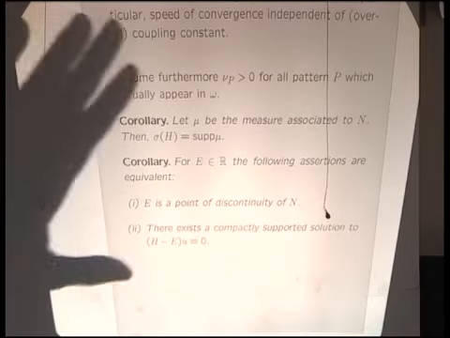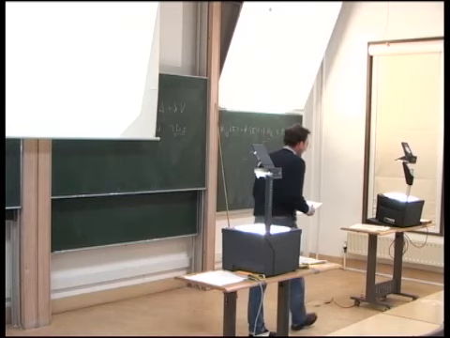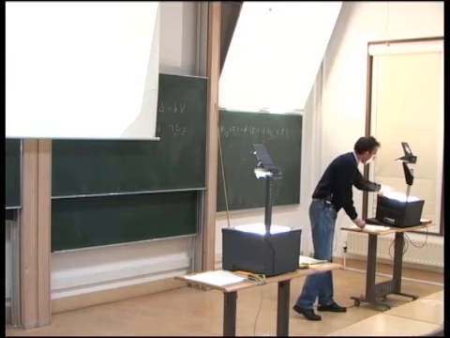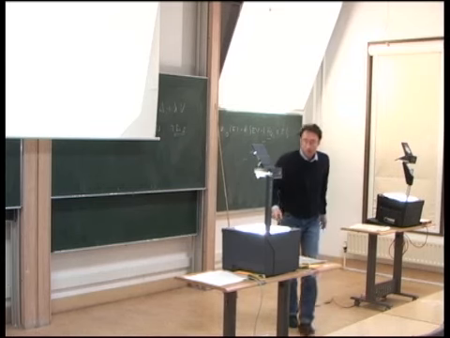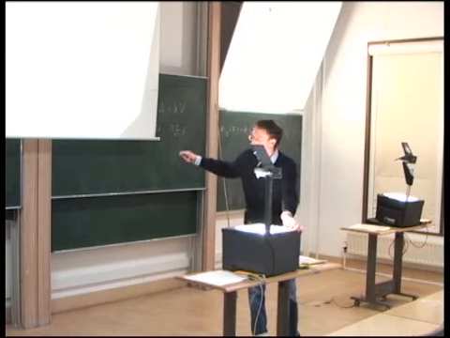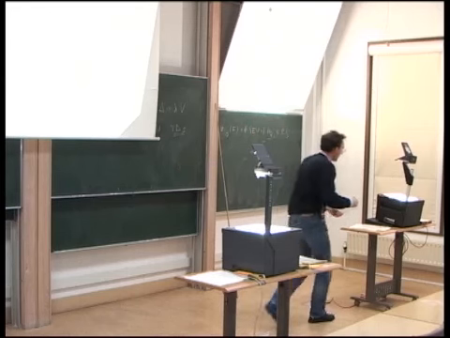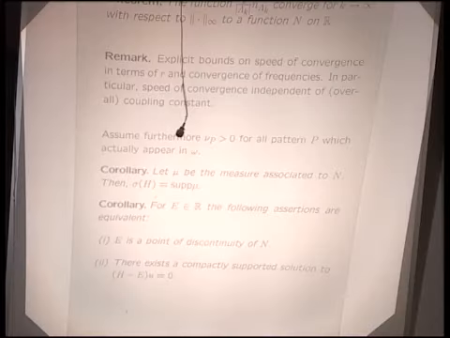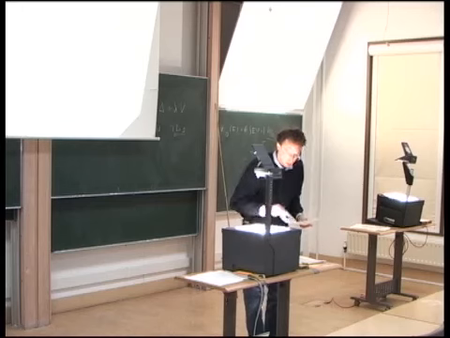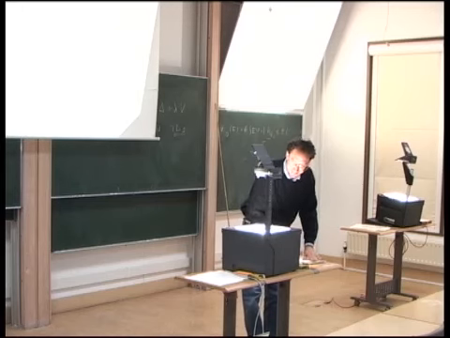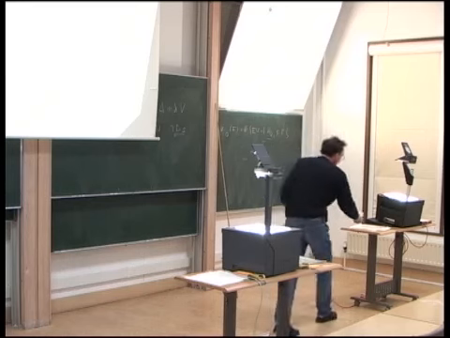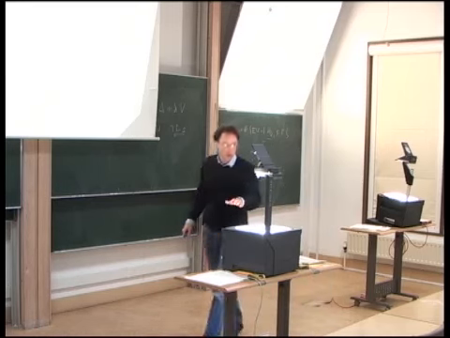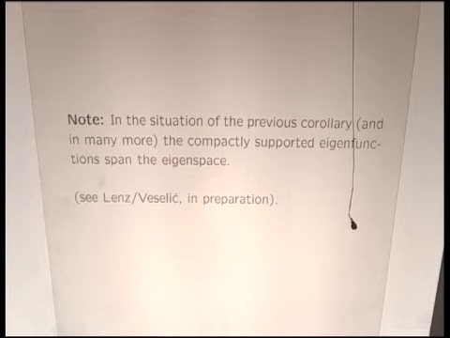Good. Well, given that you have this thing about the jumps here, you may ask how many locally supported eigenfunctions are there? And the answer is there are as many as possible in some sense. More precisely, the following holds. This is something we are doing with Ivan Veselić.